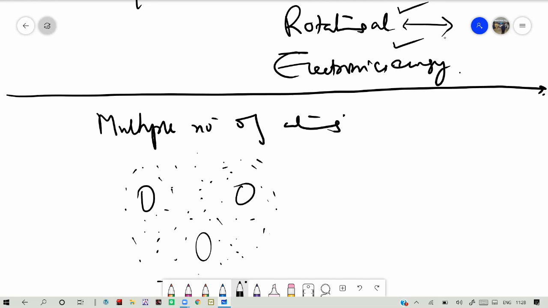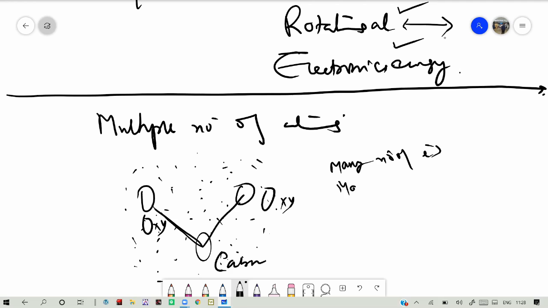For example, if this is the case, this is the simplest case. Let this be carbon, oxygen, oxygen. These are the internuclear axes. So we have many electrons.